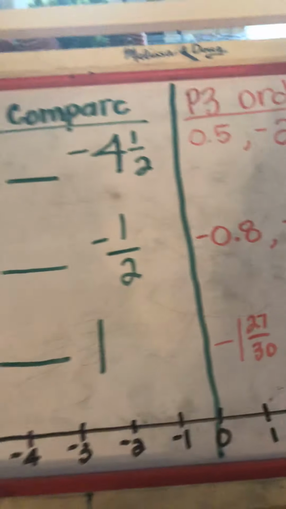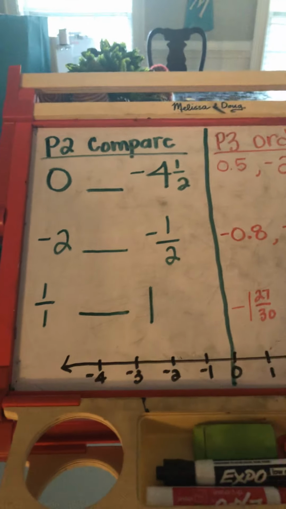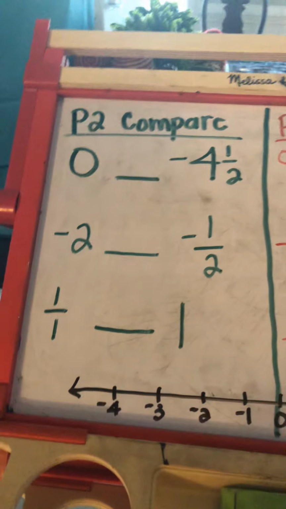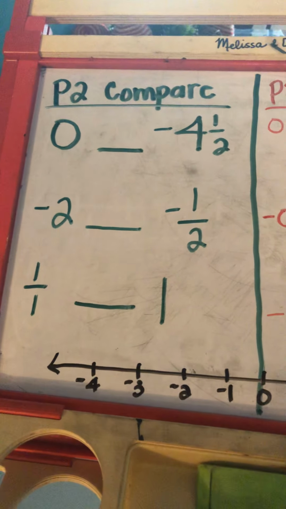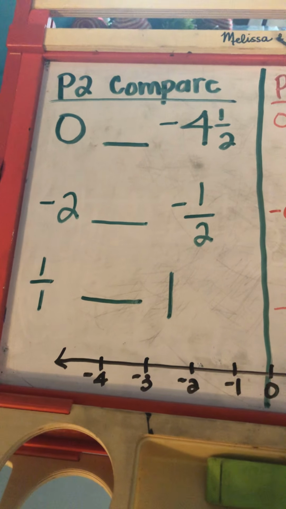All right, so I'm going to flip it over to the whiteboard, and we are going to talk about comparing rational numbers and then putting them in order. Okay, so I broke my board in half because I think as long as we understand what a negative number is and what a positive number is, this will go fairly easy.